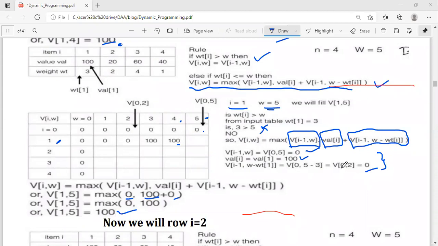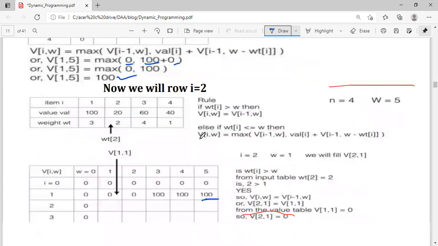What is the value of 0 comma 2 in the table? The value is 0. So here again we implement max of 0 comma 100 plus 0. We got the answer. Now for our item 1, here also you will get 100 in the next step.